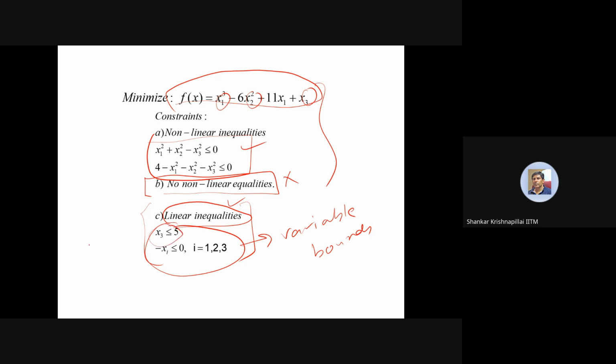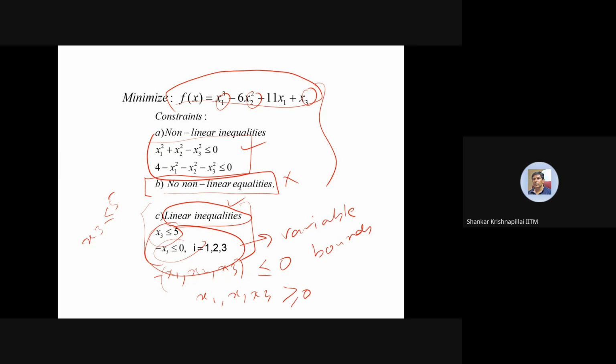This says that variable x3 should be less than or equal to 5, and this says that minus x1, x2, x3 should be less than or equal to 0, that is, x1, x2 and x3 should be greater than or equal to 0.